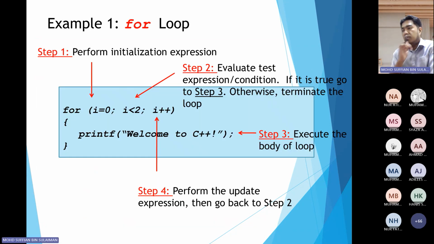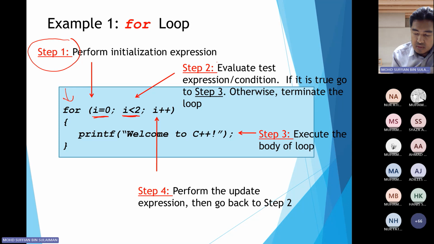So this is very important, please be careful. The step is very important. Okay, we start from here. For i equal to 0, so this is step 1. Very easy. Step 2, the condition.